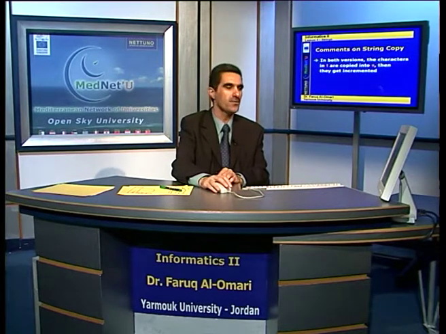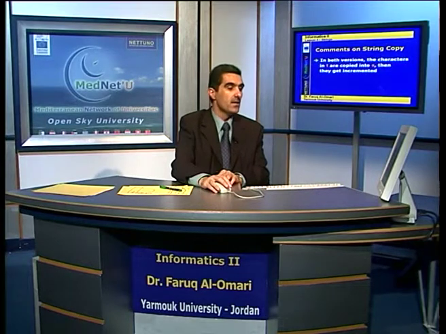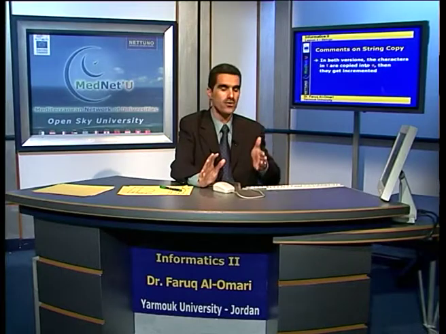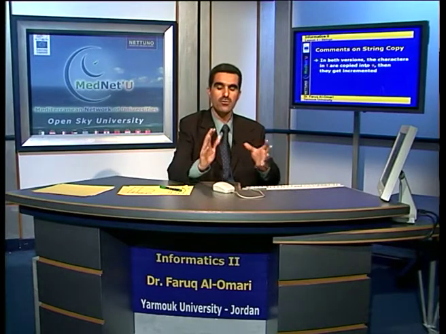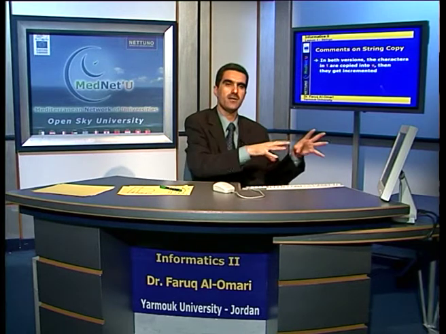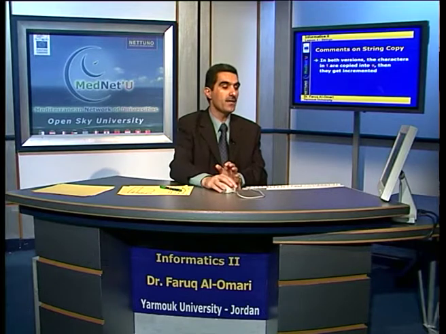Okay, let's look at some comments and conclusions in here. In both versions, the characters in T are copied into S. Yes, whether I'm talking about the array version or the pointer version. In conclusion, I took whatever characters I have pointed by T and made a copy of them at S. Then they get incremented each time in the loop.